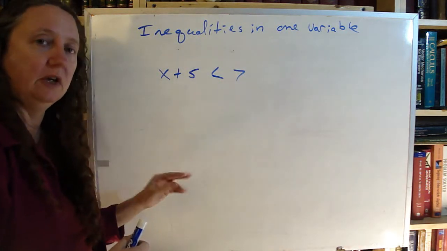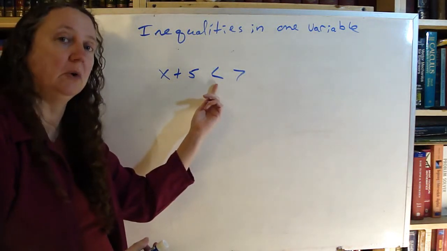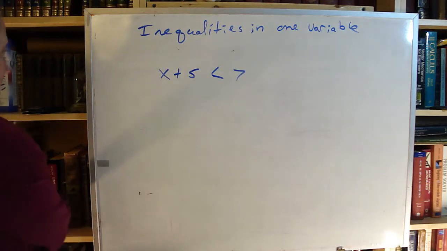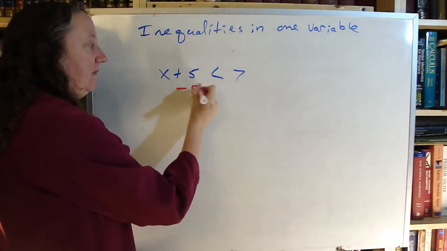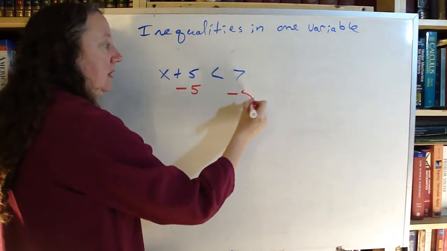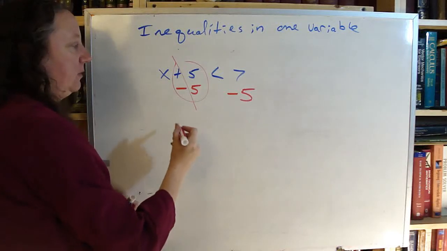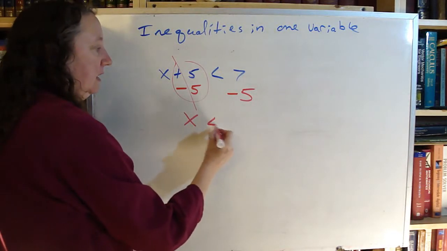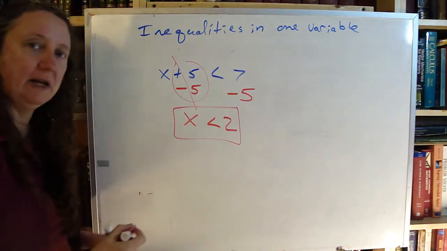We're going to treat this exactly the same as we would if that were an equal symbol. So if that were an equal symbol, I would minus the 5. What I do on one side, I do on the other. So the plus 5 and the minus 5 cancel out. I have x is less than 2. There's my answer.